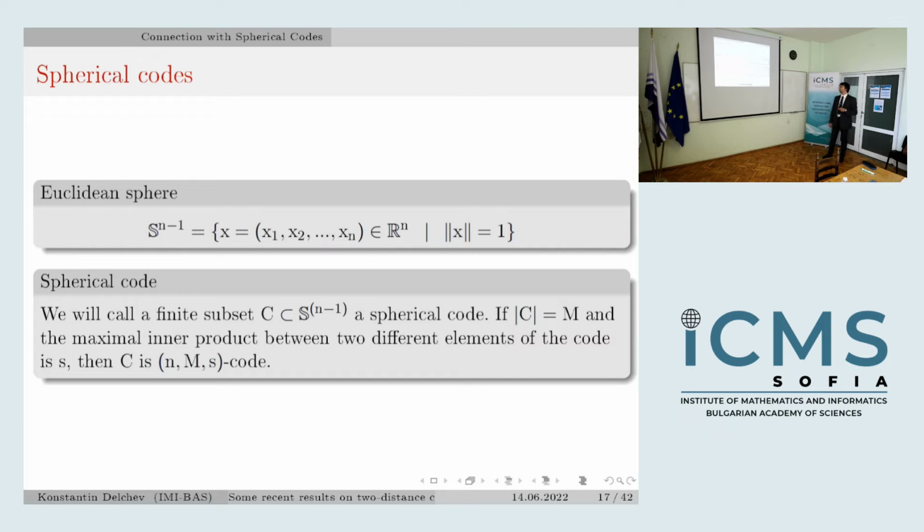Spherical codes, as the name suggests, are just finite sets on the unit sphere. And again, we can speak of codes, but here the inner product is generally preferred, even for the way we denote the codes, which is obvious.